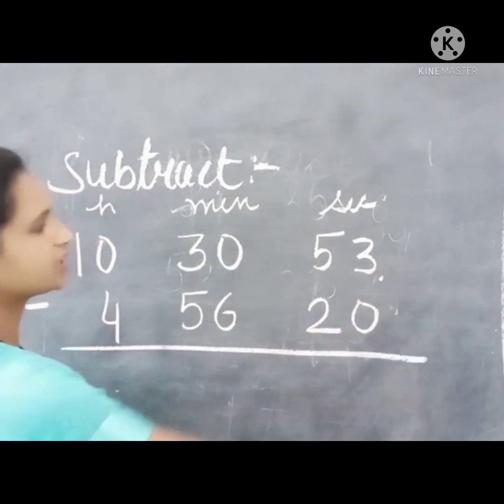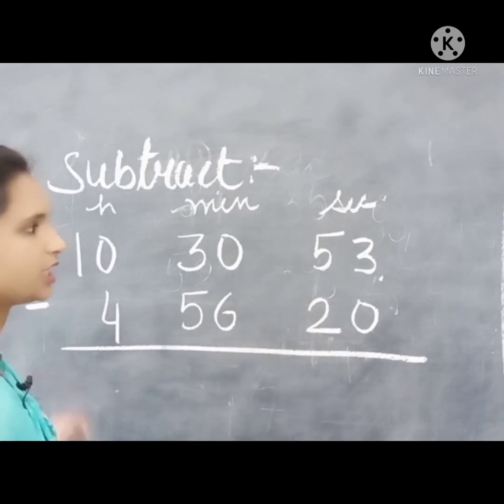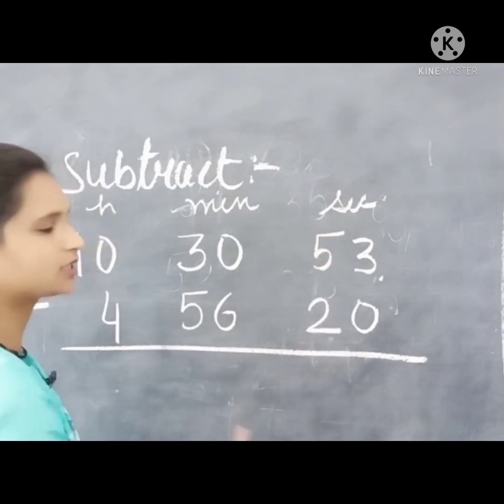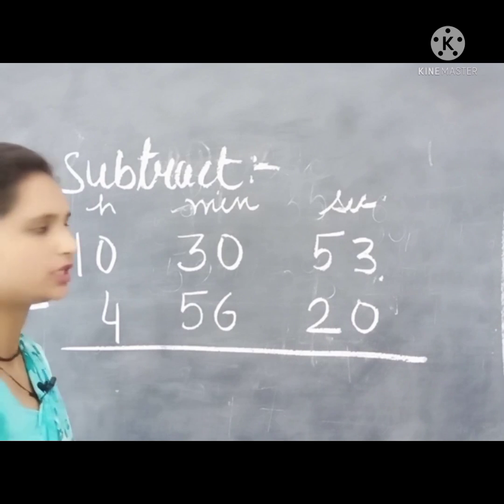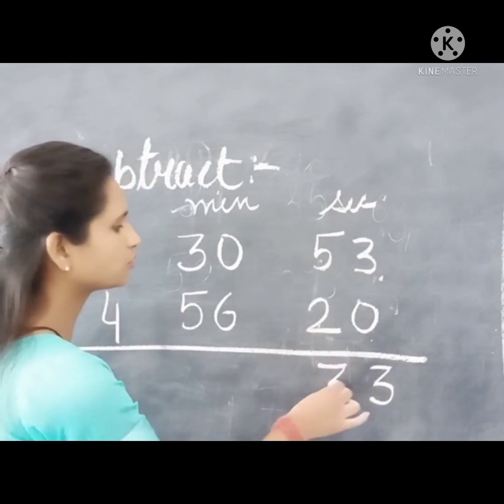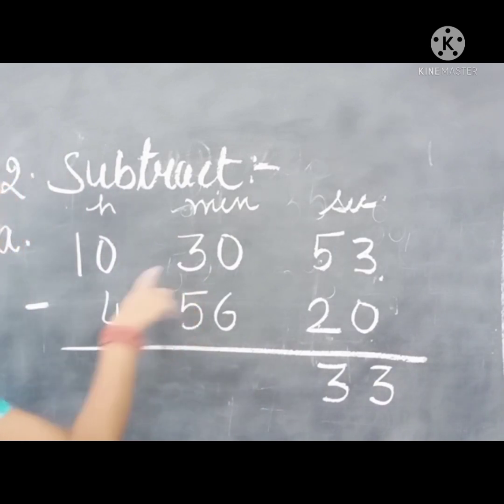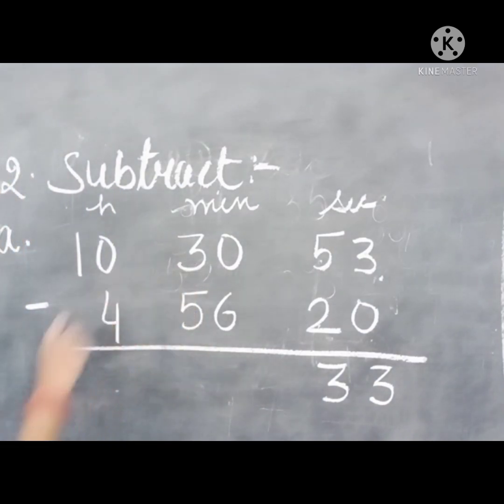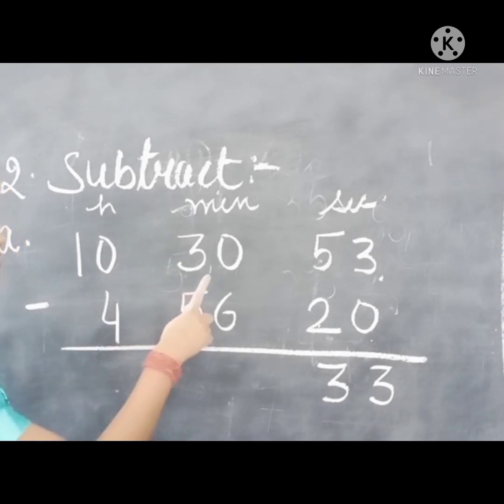As you can see, 53 is a greater number than 20. So you can easily subtract 20 from 53. So 3 minus 0, 3, and 5 minus 2, 3, 33. Now, can you subtract 56 from 30? No, you cannot subtract, because 30 is a smaller number. So what you have to do?